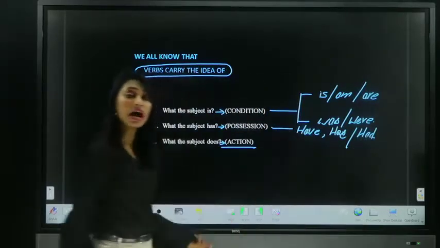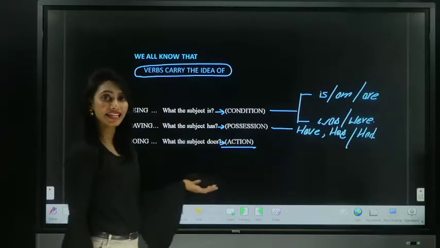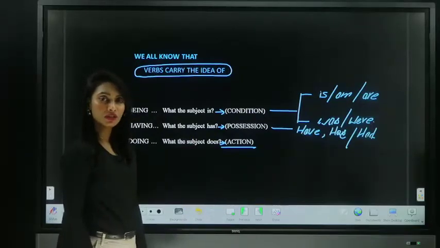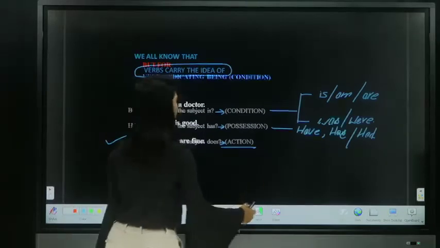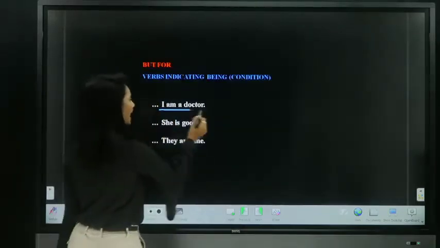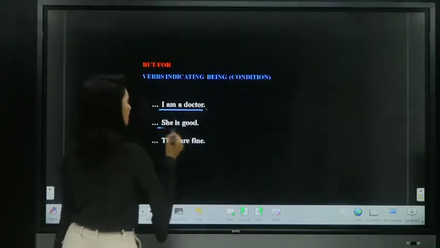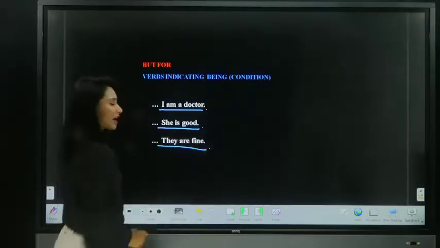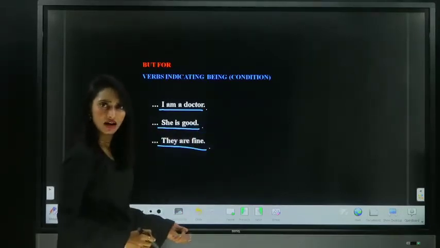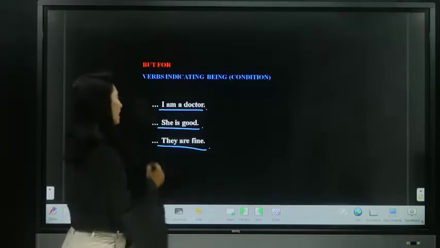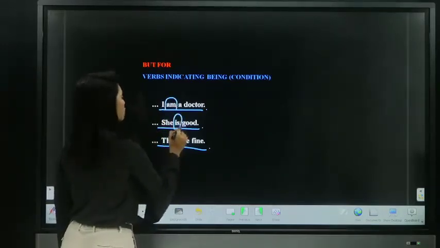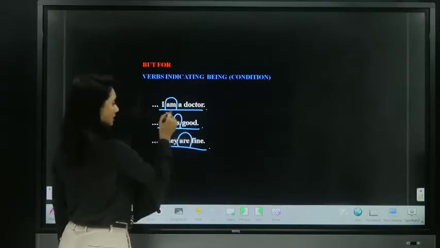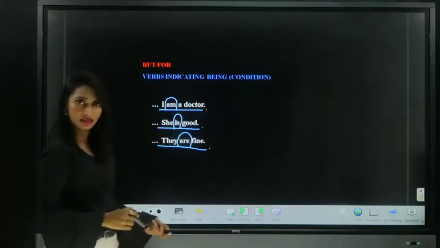So what about the verbs of condition and possession? Let us take some examples for verbs of condition. I am a doctor. She is good. They are fine. Are they carrying any idea? No, they are not carrying an idea. Here they are talking about the condition. I am, she is, they are, present tense.